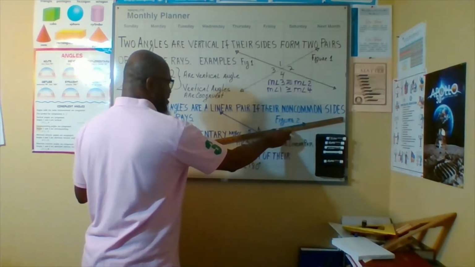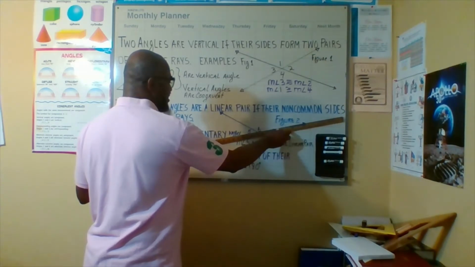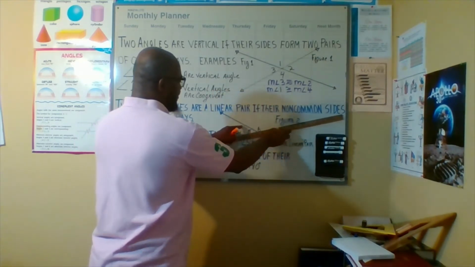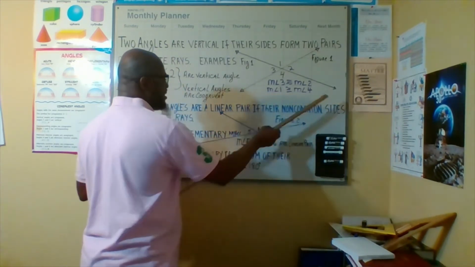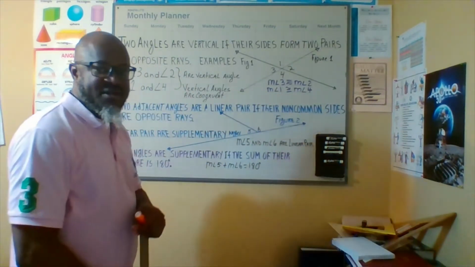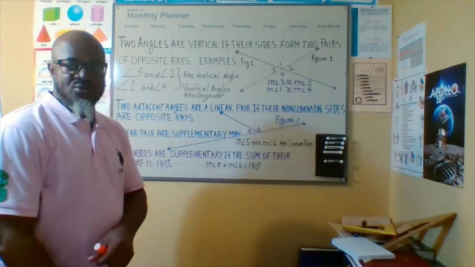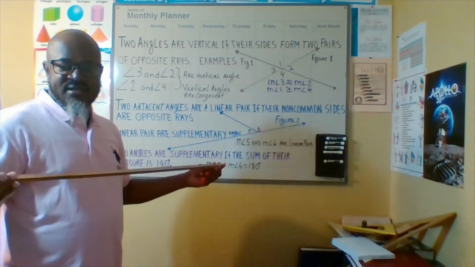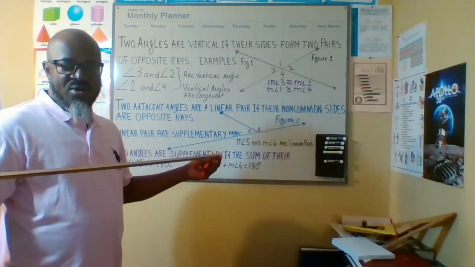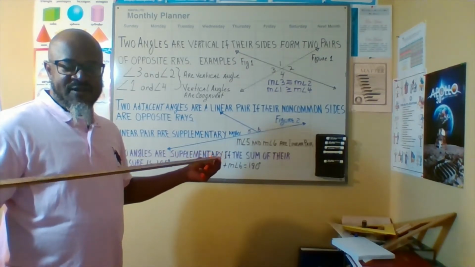Since you already know a straight angle is 180, the measure of angle 5 plus the measure of angle 6 will add up to 180. That's what linear means: two angles form a line that forms 180 degrees.